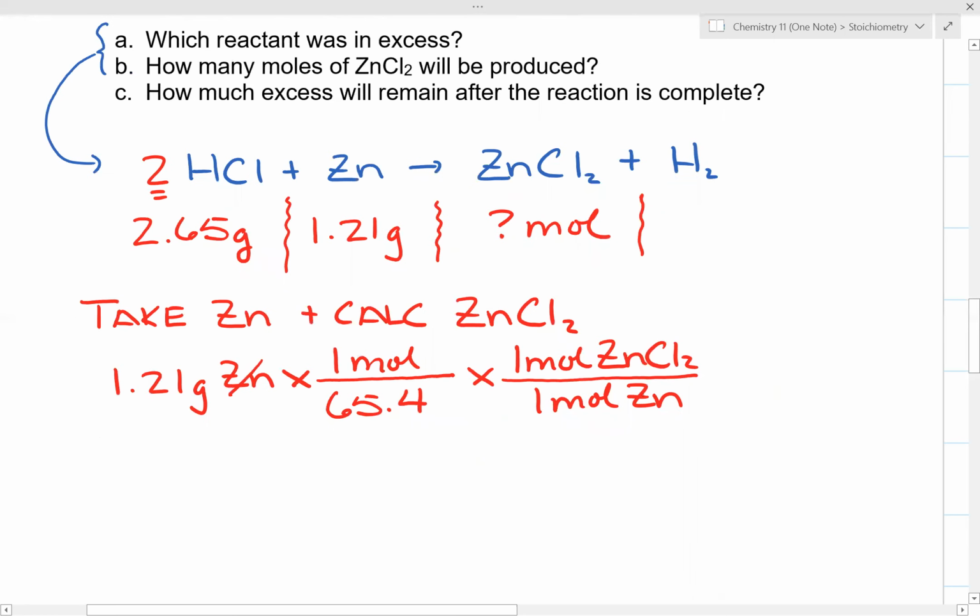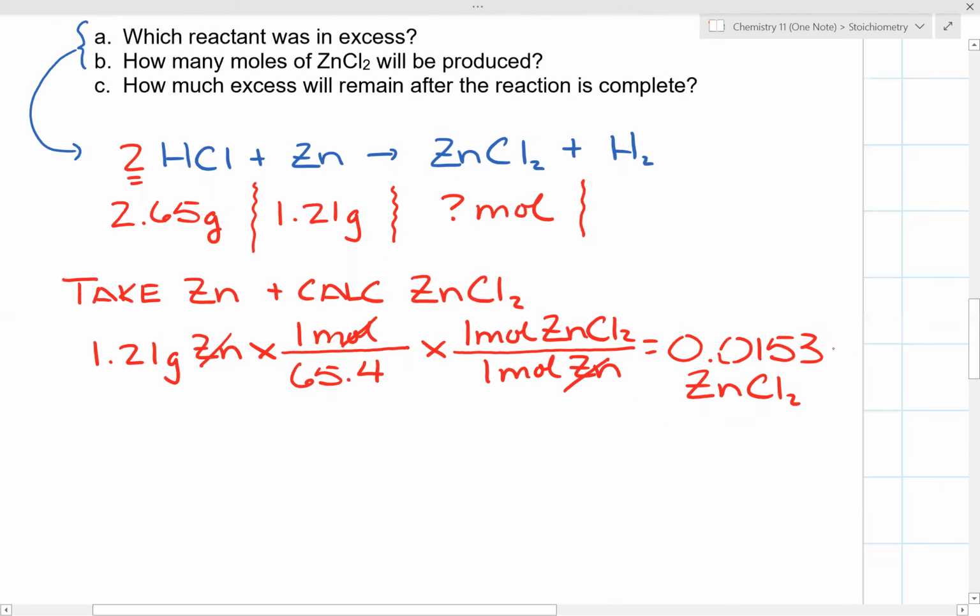We cancel out moles, and so 1.21 divided by 65.4 gives an answer of 0.0153 moles of zinc chloride.